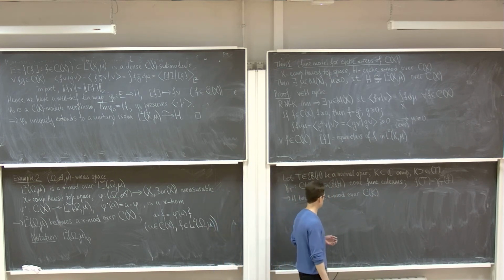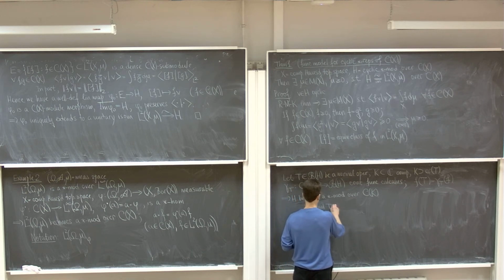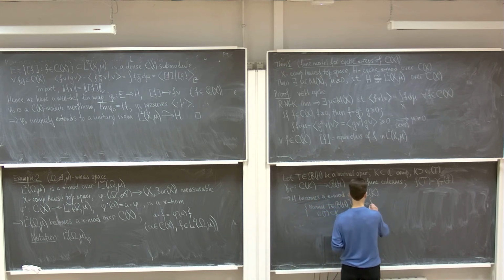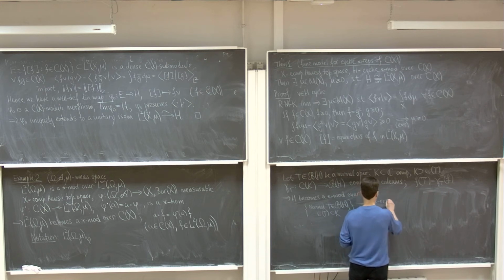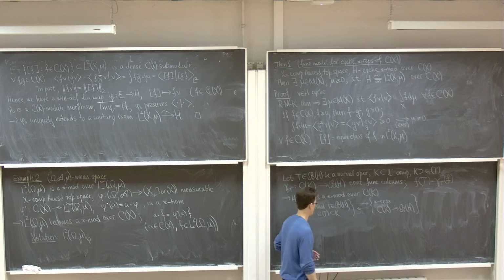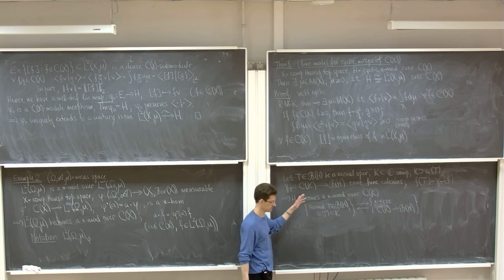And in fact, we get a one-to-one correspondence between the collection of all normal operators whose spectrum is contained in K, and the collection of all star modules over C of K, or equivalently star representations of C of K. Indeed, the left to right arrow follows from the continuous functional calculus.